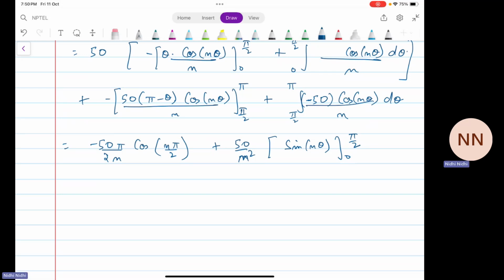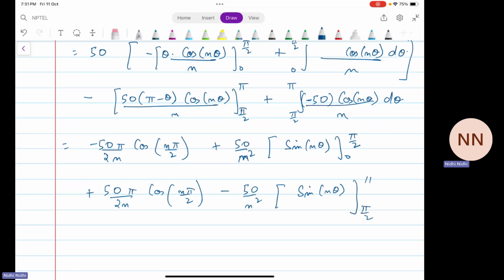Now in the next term, if we put theta equal to pi, this is 0. And for theta equal to pi by 2, this is 50 pi by 2n cos n pi by 2, minus 50 by n square sine n theta from pi by 2 to pi.